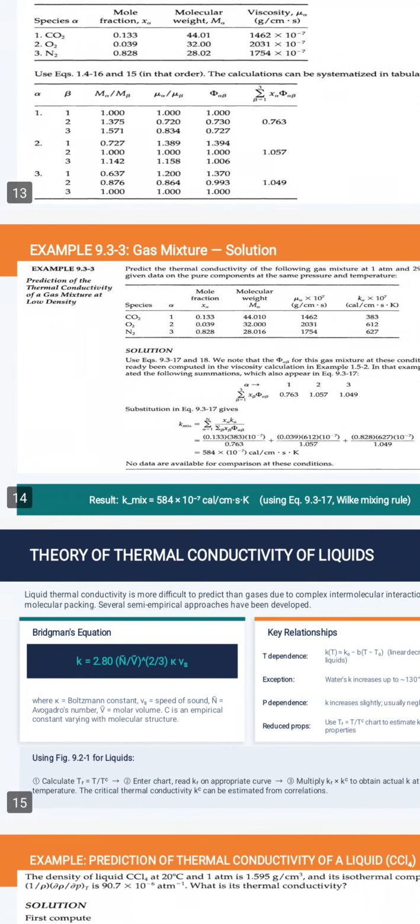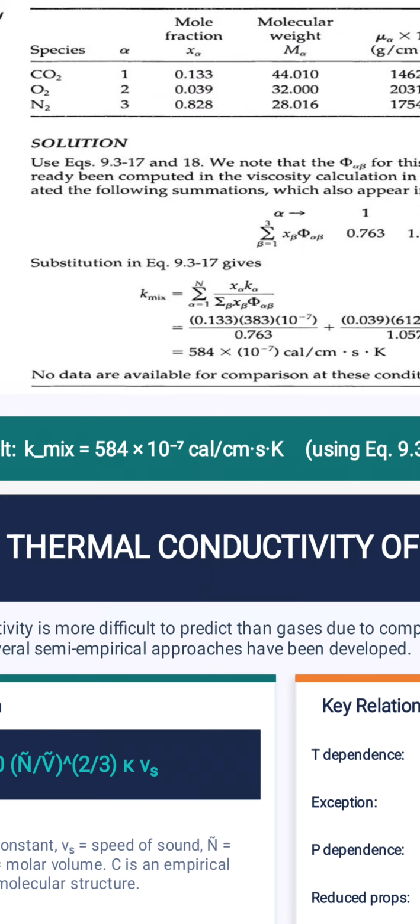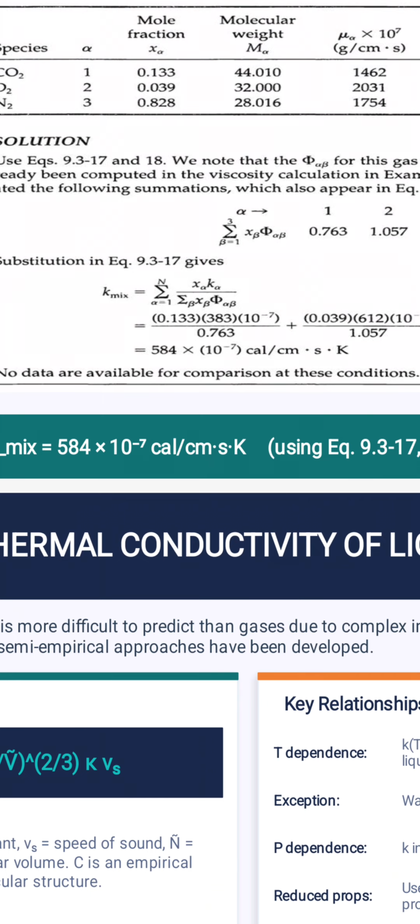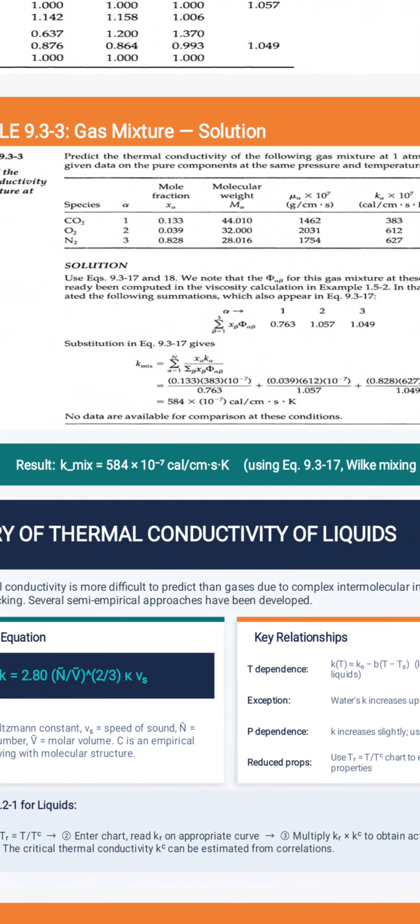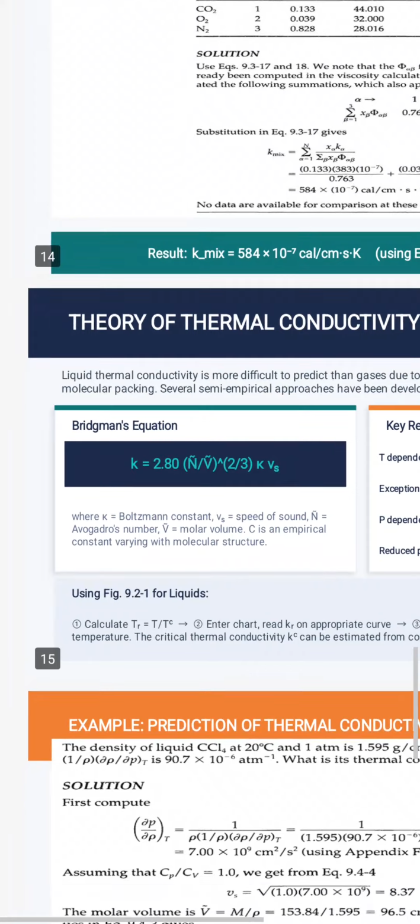Now putting all the values in the equation, k mixture equals the sum over alpha from 1 to n of x alpha k alpha divided by the sum over beta of x beta phi alpha beta, we get the thermal conductivity of the mixture as 584 times 10 to the power minus 7 calorie per centimeter per second Kelvin.